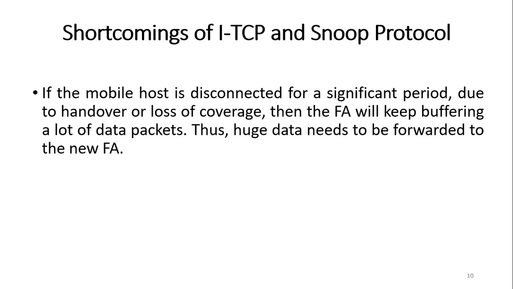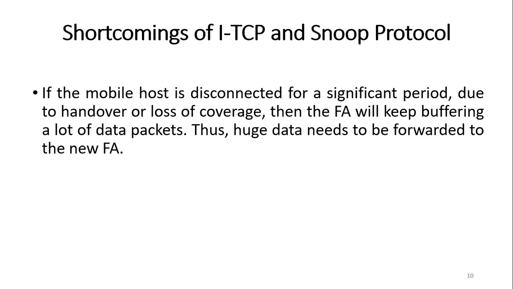But if it takes a while for you to recover, then you see that the base station has to buffer too much data. Or if you think about the foreign agent, when we discussed mobile IP, we mentioned that when you change the FA, you can buffer the data in the FA and then forward.